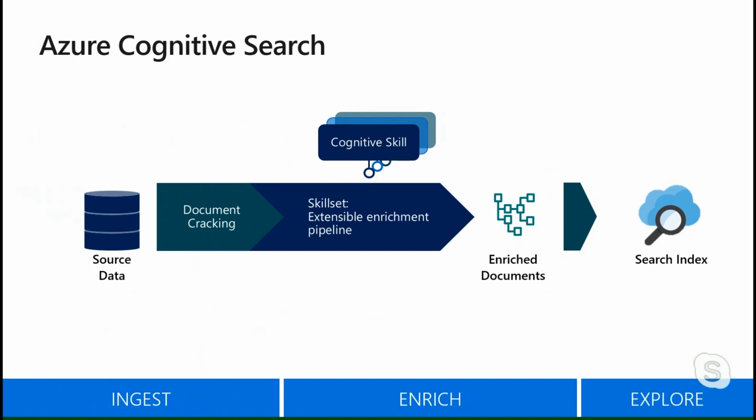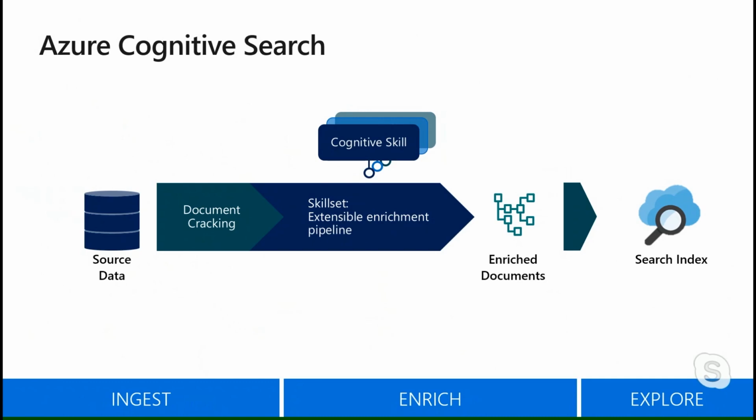And then one thing that our customers want to do is enrich this information. They want to apply what we call cognitive skills to this information, in order to think of it as adding additional metadata or enriching the information in their content. Sometimes this is required in order to extract structure from the content. And then once we have this structure or this enriched document, we project it into a searchable index.